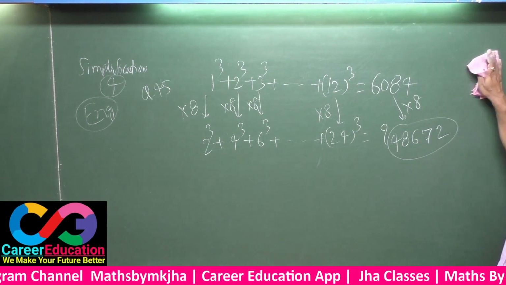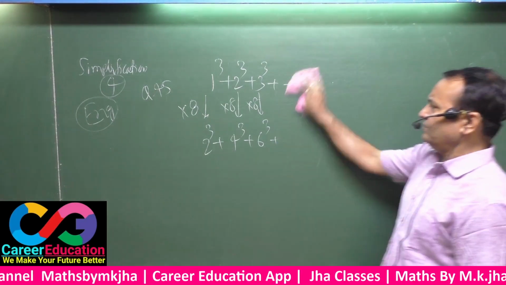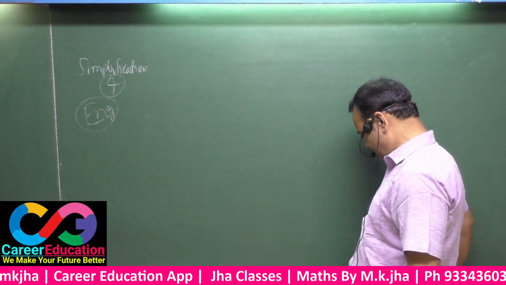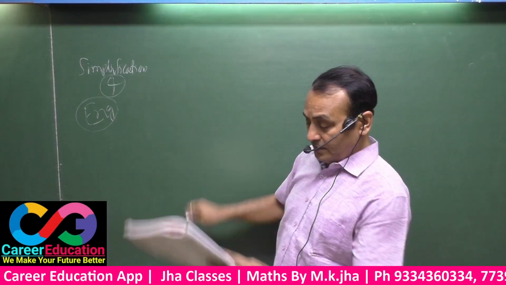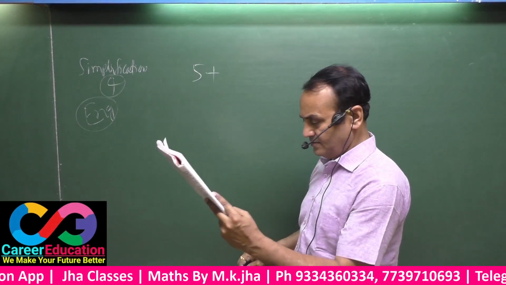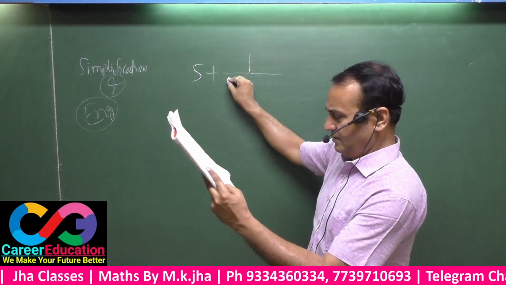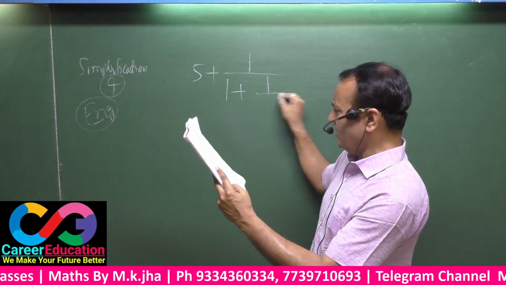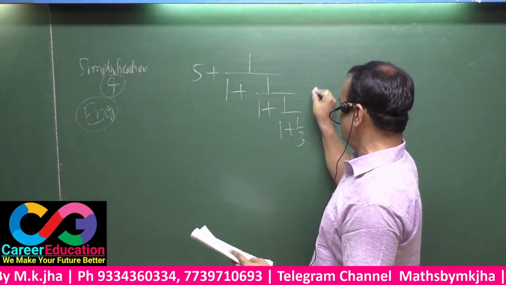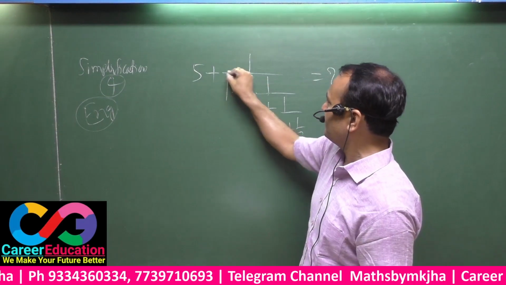Now coming to the next question, that is of another type. See here, the question is written like this: 5 plus 1 by 1 plus 1 by 1 plus 1 by 1 plus 1 by 3 equals what?